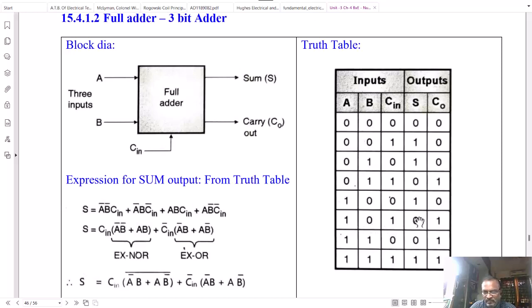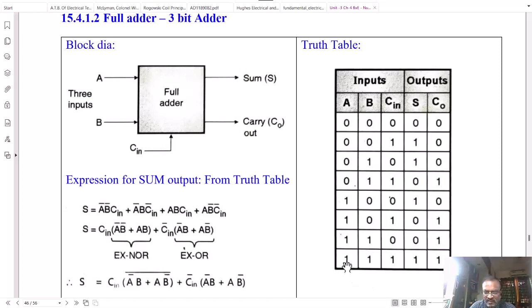So we will have 1 plus 0 is 1, plus 1 is 1 0. Means sum is 0 and carry equal to 1. Now next row, A is 1, B is 1. So 1 plus 1 is 1 0. Plus 0 is 1 0 again. So 1 0 means sum is 0 and carry will be 1.